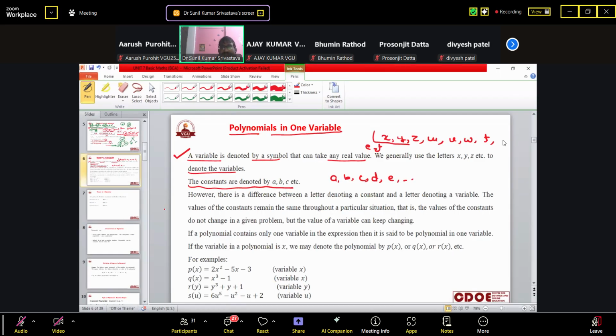However, there is a difference between a letter denoting a constant and a letter denoting a variable.